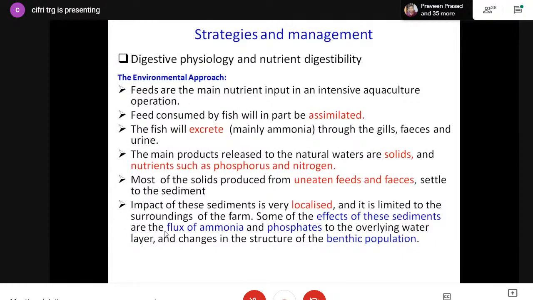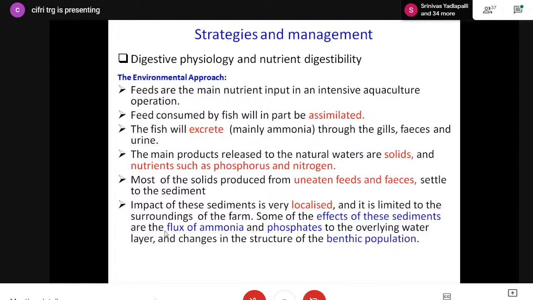This problem is a very localized problem, particularly in cages, which are floating structures. In a pond with broadcast feeding, it does not remain localized, and throughout the pond ecosystem this problem will be there. But if it is enclosed in cages, then the uneaten feed and fecal matter will drop just below the cage. So it is a very localized problem.